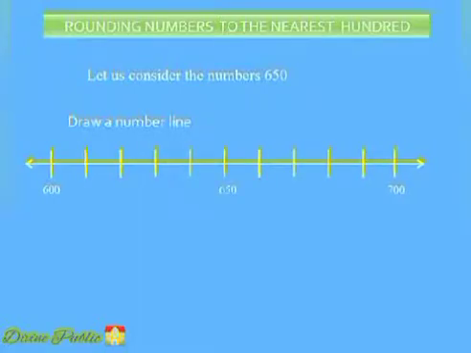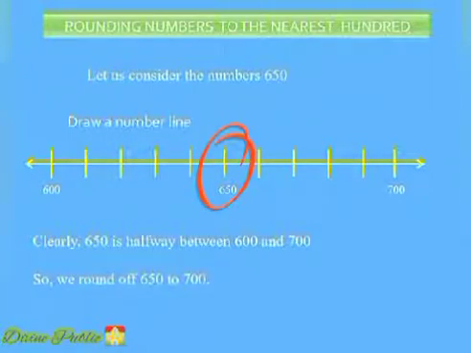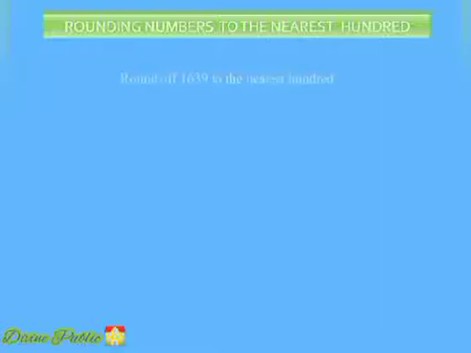Observe the number line nicely. After observing, you can see clearly 650 is halfway between 600 and 700. So, we round off 650 to 700. Hence, 650 rounded to the nearest 100 is 700.